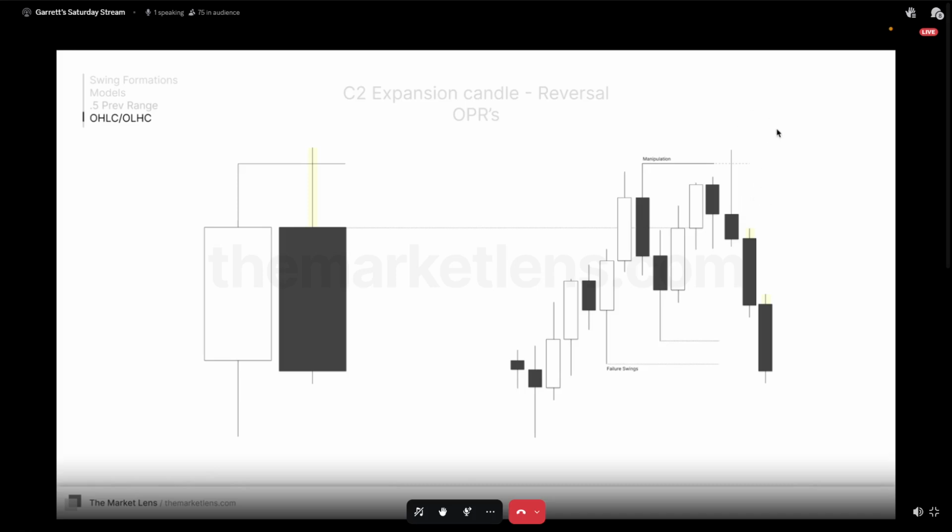Then we can reverse off that consolidation's high, which is the same thing. We're just framing a reversal from some sort of manipulation to then expand into the opposing side of the range or failure swings. So all this is a candle 2 reversal. We're reversing off that previous candle's high with a small wick, and ideally this candle is opening high first, which supports that bearish move. And then we're trading expansion candles away from the high of day.